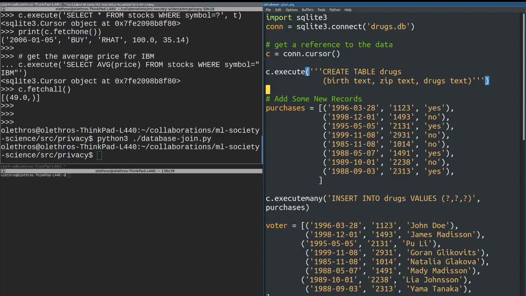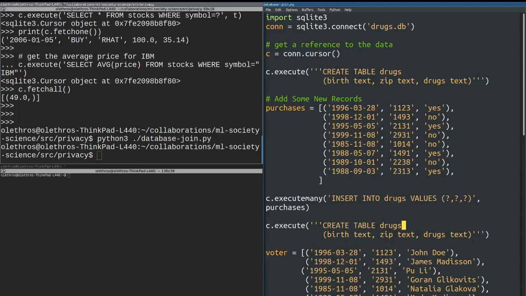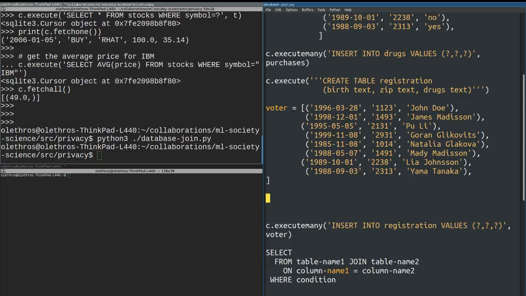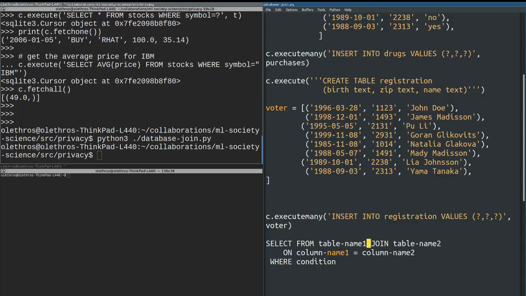I forgot to add a table here. Put it before. That's fine, doesn't matter. So drugs text is not called drugs, it's called name. So the query is select from drugs and then join.